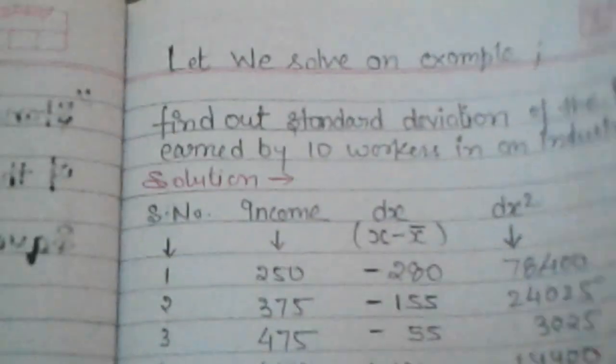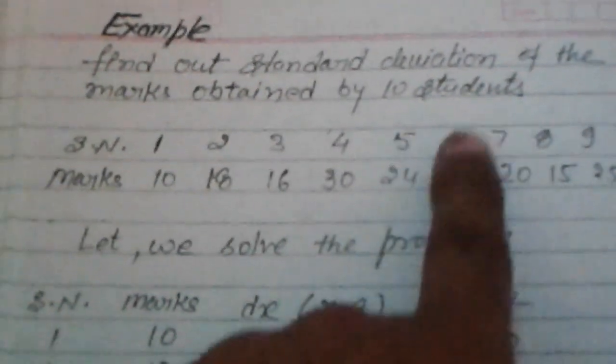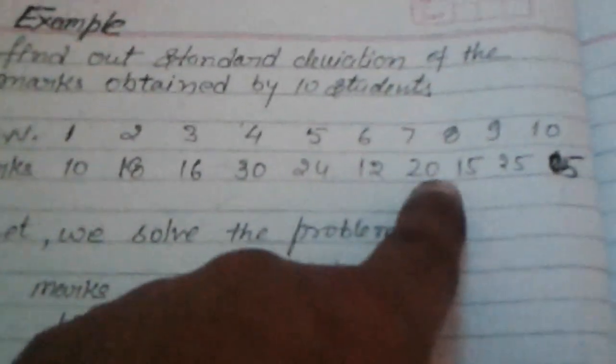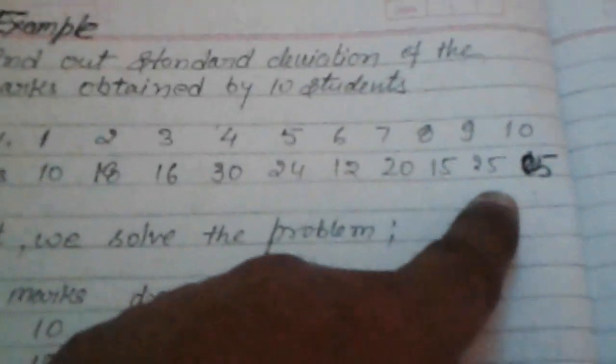Friends, we are taking an easy example. Find out the standard deviation of the marks obtained by 10 students. Serial numbers 1, 2, 3, 4, 5, 6, 7, 8, 9, 10, and marks 10, 18, 16, 30, 24, 12, 20, 15, 25 and 5.